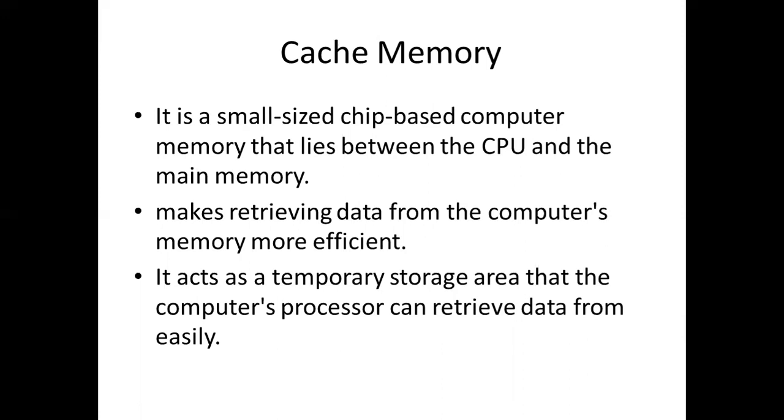We all know that RAM keeps the programs that the CPU is working on. But instead of the CPU coming to get information from the RAM, there are memories in the middle that help to retrieve information from the RAM to the CPU. So it acts as a temporary storage area that the computer's processor can retrieve data from easily.